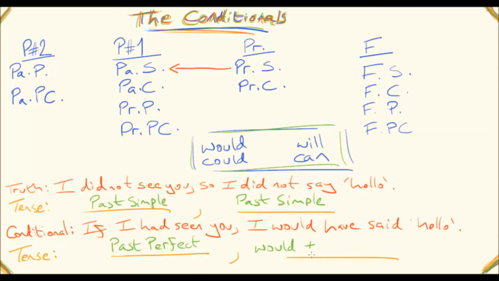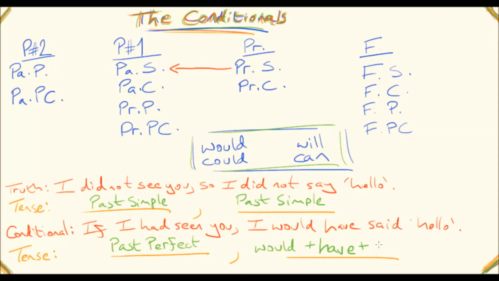So I can't say would said, because rule number 1, I need a base form. So I'm going to use an auxiliary verb, have, to throw things into the past. And it's going to be the base form of have because of this word would, rule number 1. So would have. And now I've got the auxiliary verb have.